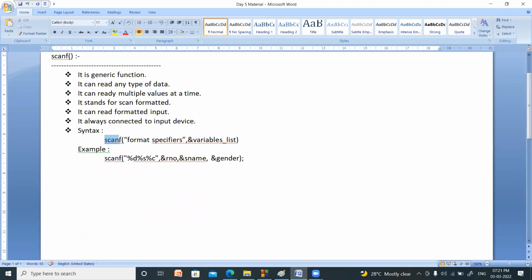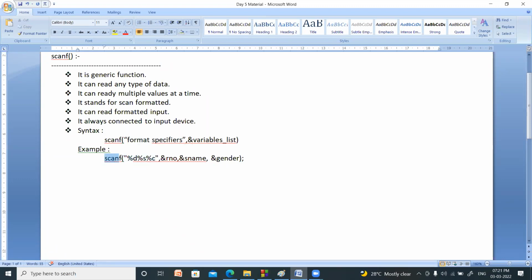Syntax of scanf. First of all, you have to write scanf, then you have to write format specifiers. What is that? Format specifiers means %d, %s, %c, like that. D means decimal number, S means string, C means character.